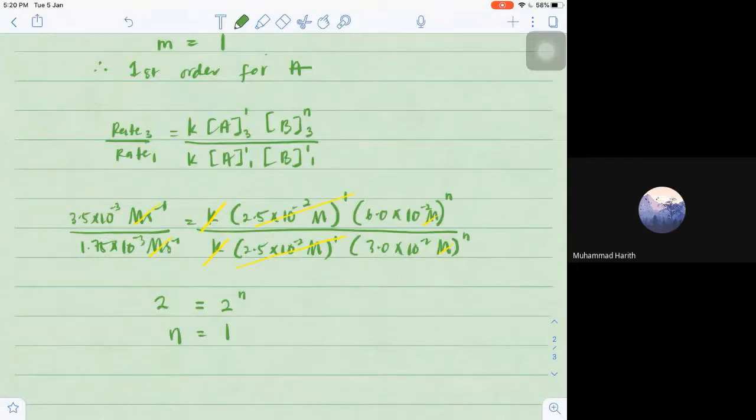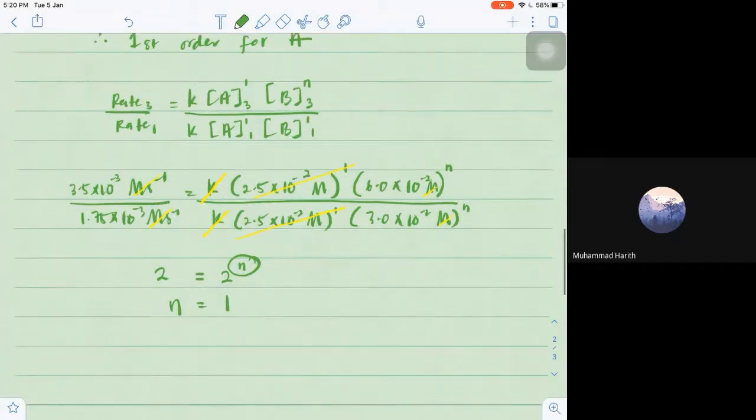Sometimes we get a fraction or a decimal number, so you have to use your calculator, calculate log and anti-log to get the power value. In this case, N is equal to 1, and then we have to make the conclusion.